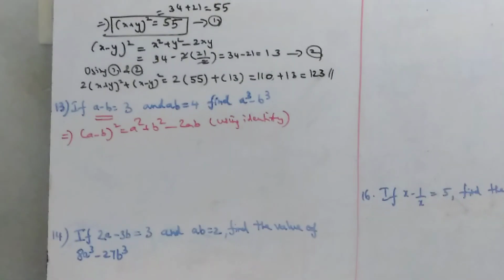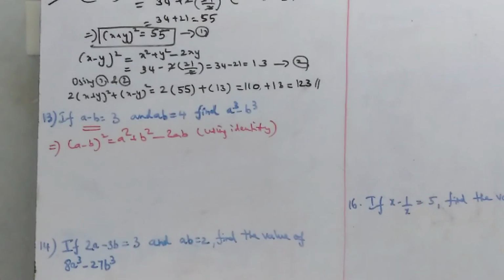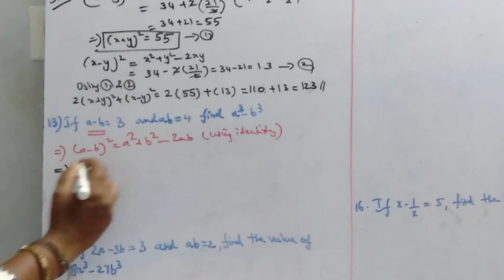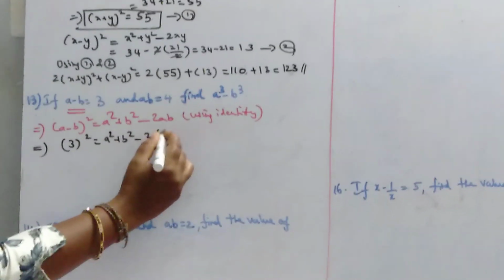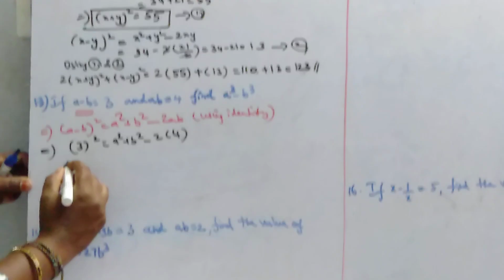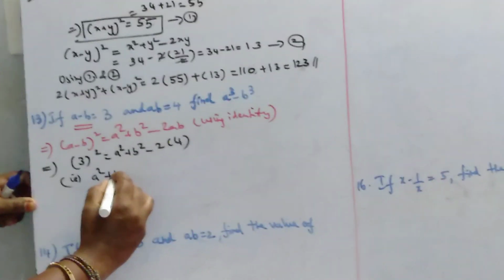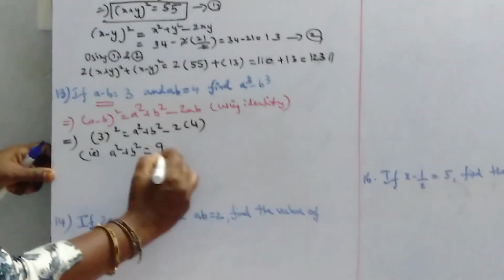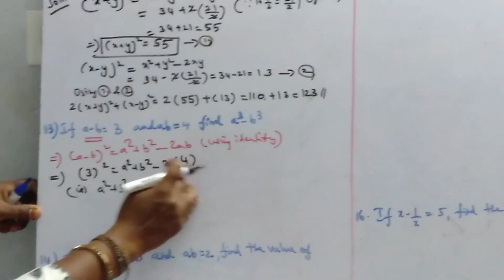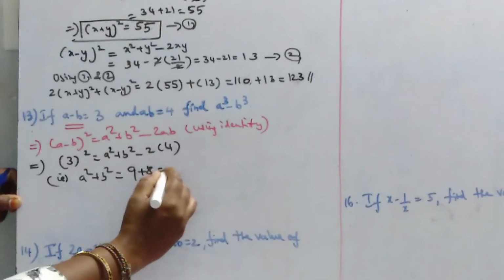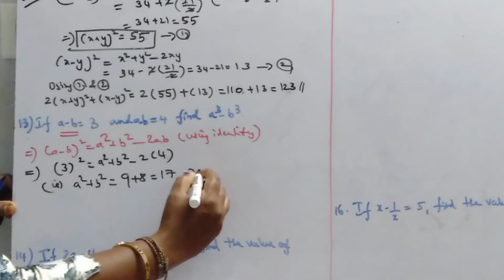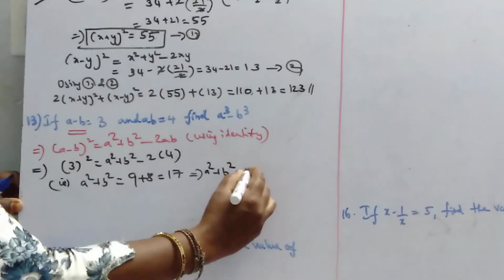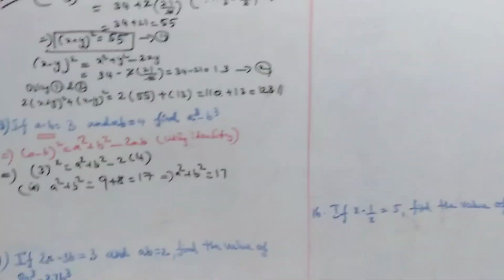So which implies that is 3 square equals a square plus b square minus 2 into ab here is 4. That is a square plus b square equals 3 square is 9. If you take this 2 4s are 8 to that side become plus 8, which is what? 17, right? That is a square plus b square equals 17.